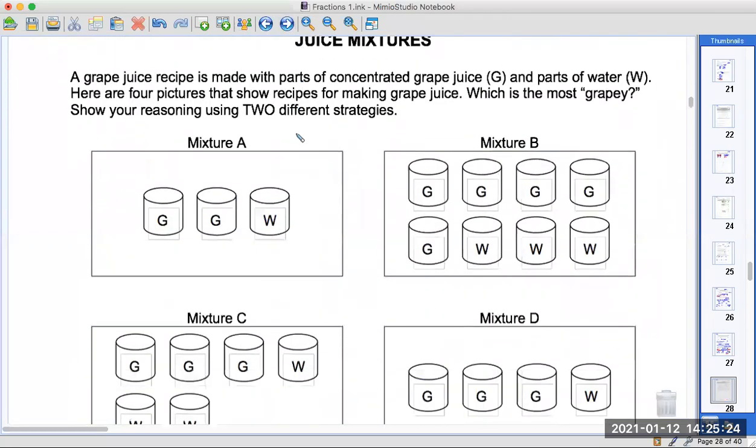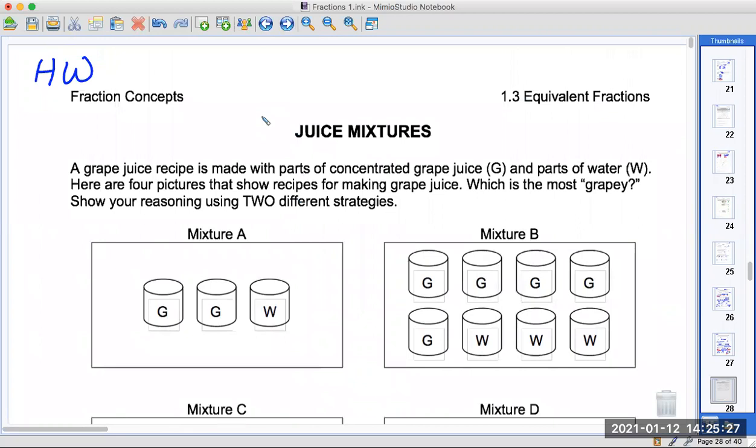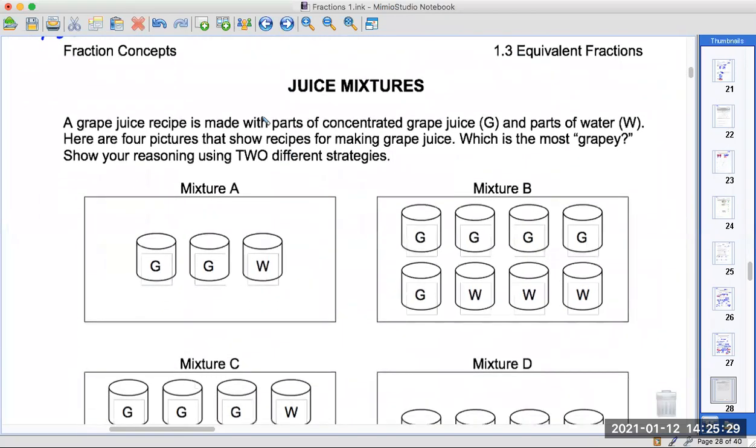Last part, and this is homework, but I'm gonna get you started. A grape juice recipe is made with parts of concentrated grape juice, capital G, and parts of water, capital W. Here are 4 pictures that show recipes for making grape juice.